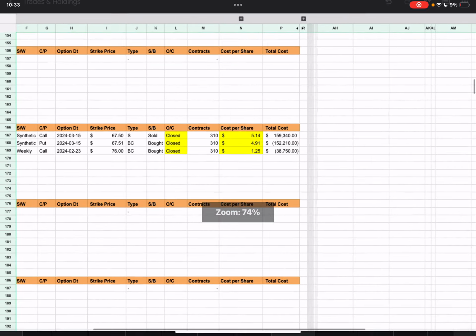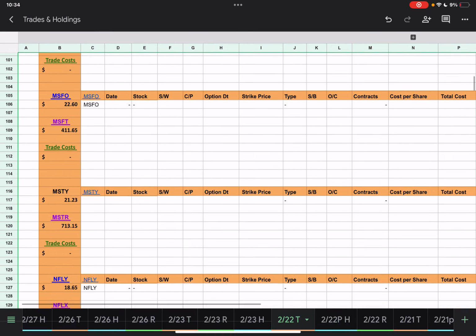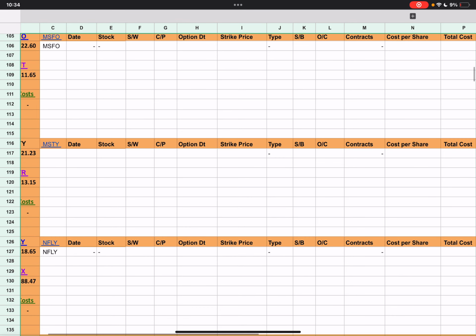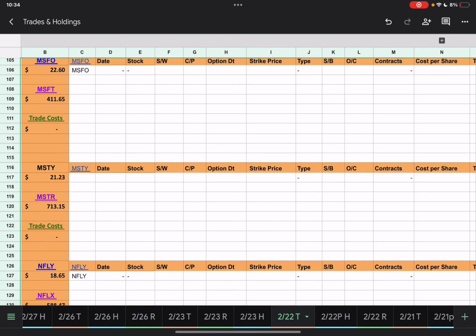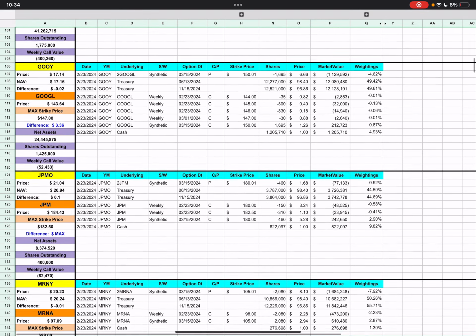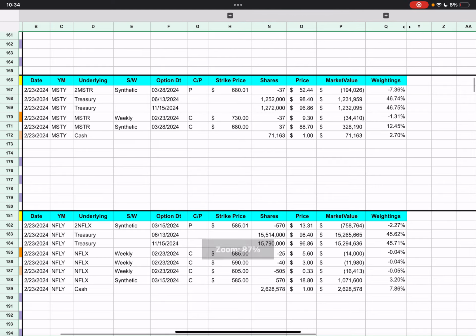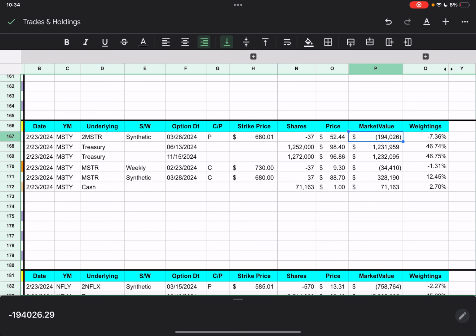So February 22nd, if we go to Misty here, this is where the trades would have been. But since we didn't have those intraday trades, what I did here, I was trying to look at this like, what did I do? So that's a synthetic. We have that one and this one are synthetics.